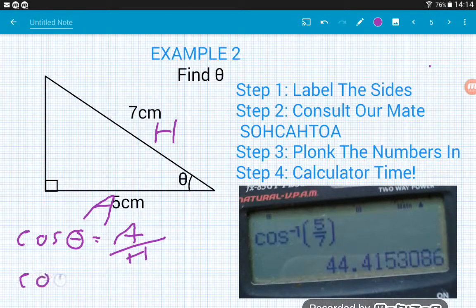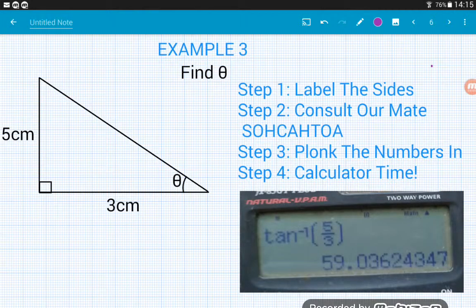So cos of theta, plonking our numbers in, will be equal to 5 divided by 7. So then we go to our calculator and we put the inverse cos of 5/7 and we get 44.42 degrees, again if we're going to 2 decimal places.